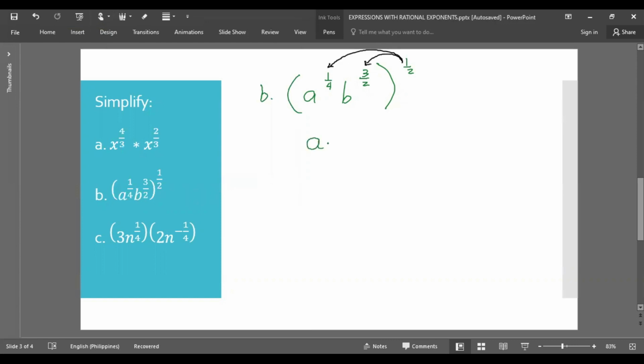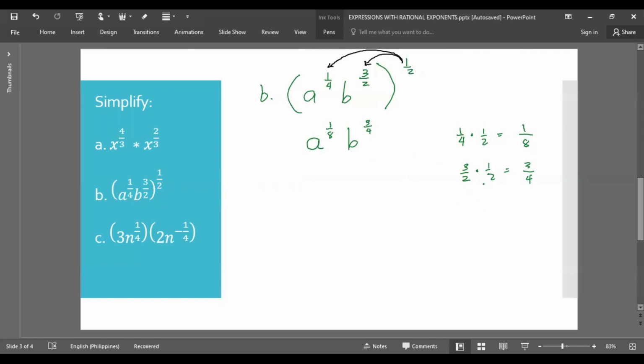So copy a, 1/4 times 1/2, we get 1 over 8. So we write here 1 over 8. Next, b raised to 3/2 raised to 1/2. 3/2 times 1/2, it's 3 over 4. So we write here 3 over 4.